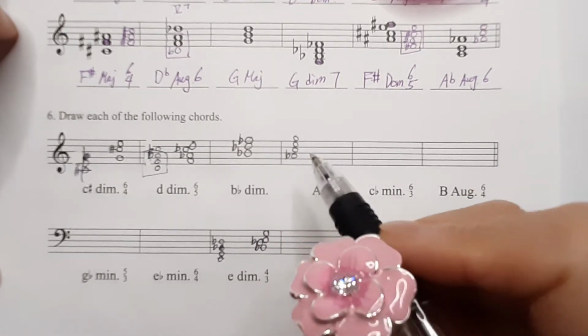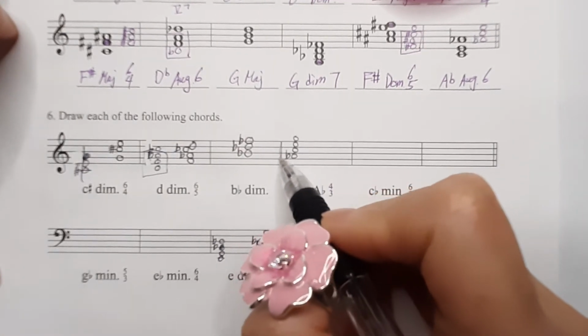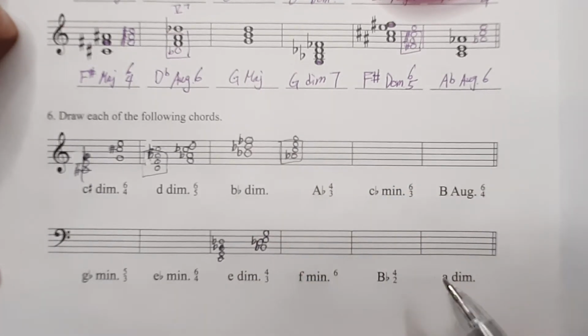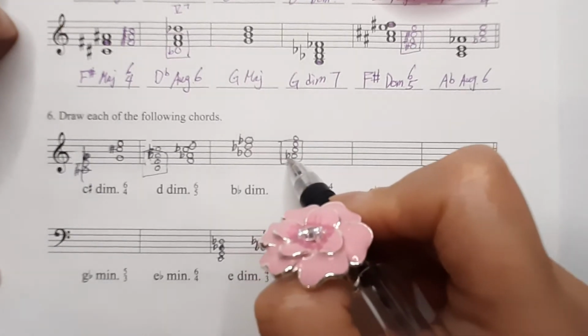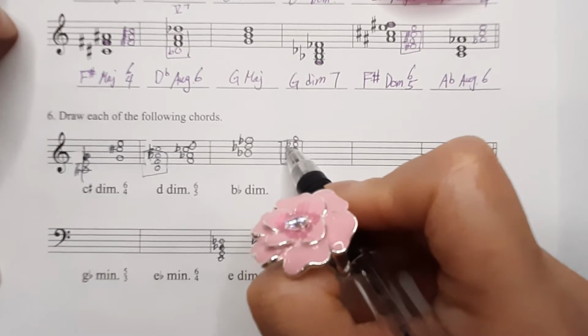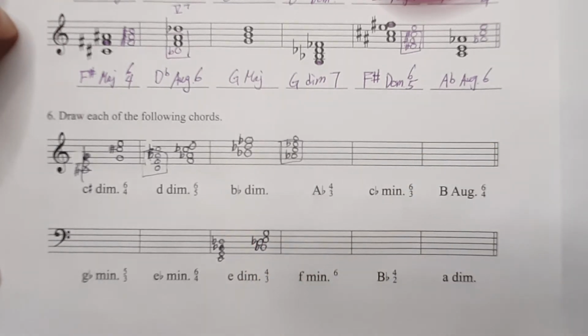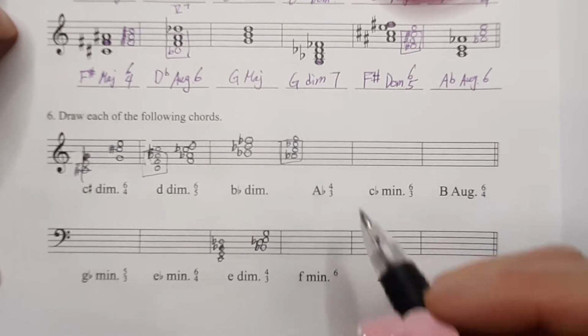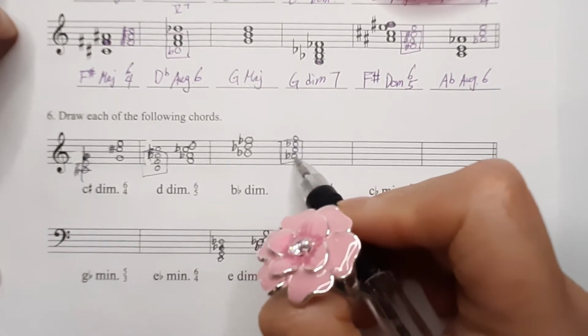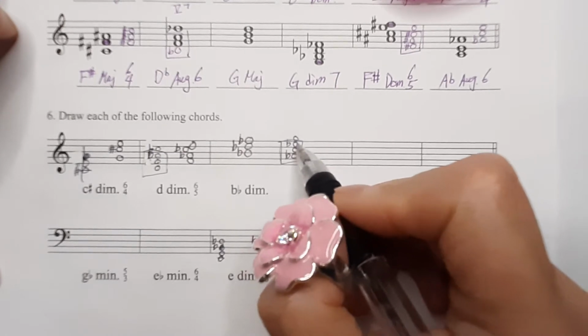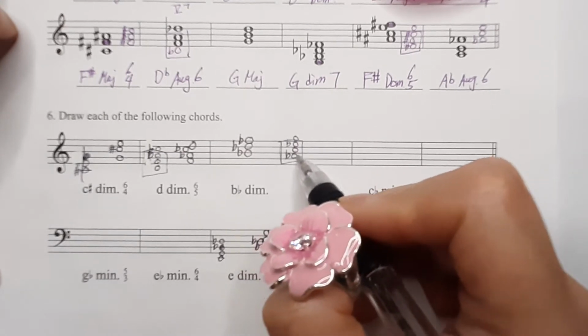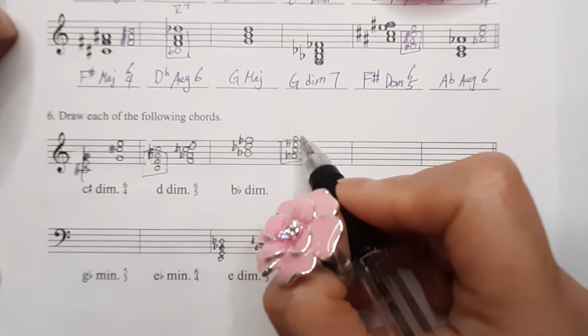First of all, again, there are 2 ways to do it. The bottom 3 has to be in major mode. Then how do you do it? There's A flat, C, and E flat, right? And A flat, C, E flat, and G. From A flat to G, is that a minor 7?